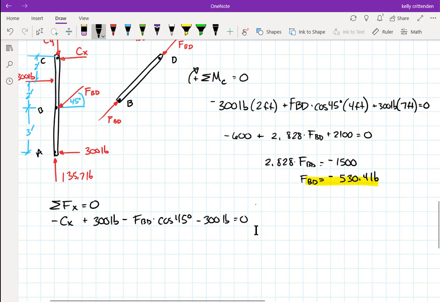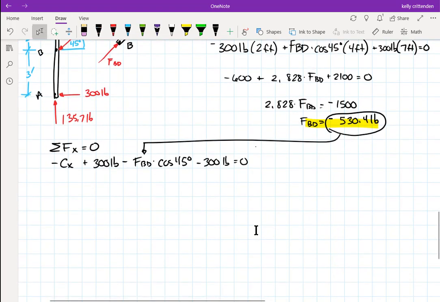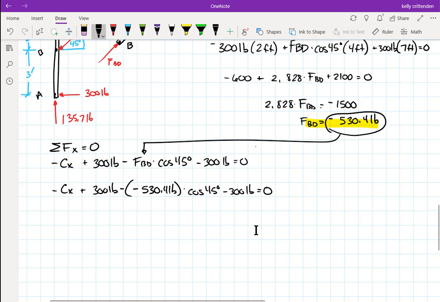So those are the 4 things that have x components, and then I need to plug in this negative 530.4 into there. So negative CX plus 300 minus negative 530.4 pounds times only the x component of it minus another 300 pounds equals 0. So this 300 minus 300, those actually cancel out.